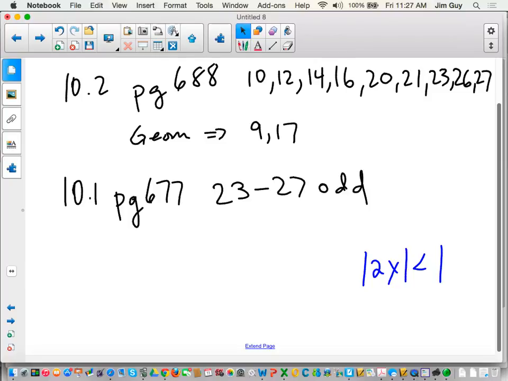But you're going to divide by 2, and you get the absolute value of x is less than 1/2. We're dividing by 2. So, my center is 0. What's my radius? 1/2. What's my interval of convergence? Negative 1/2 to 1/2. We're done with that one.